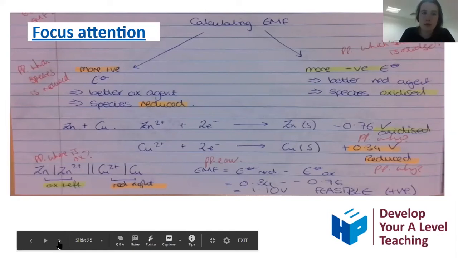So for example, which species is reduced? I want to ask that question because I want to check that they understand that the better oxidizing agent is the thing that is reduced. By writing and scripting questions that articulate the thought process, we are building their schema and building their likelihood to be able to use that knowledge fluently. Next slide, please.